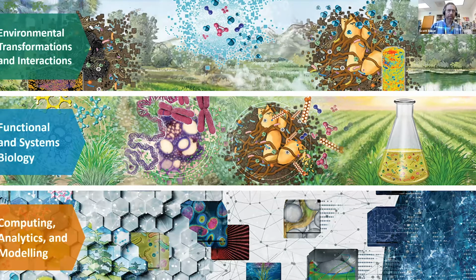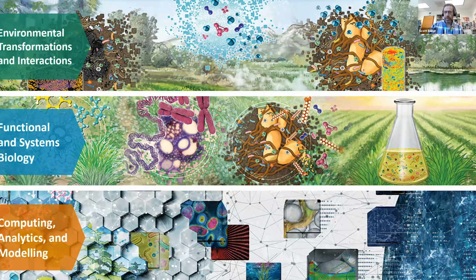In our case, we have 3 different areas of research: environmental transformations and interactions, functional and systems biology, and computing, analytics, and modeling. In the environmental area, we want to understand molecular transformation and transport across different scales to predict an ecosystem response.